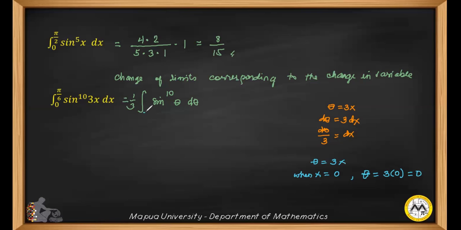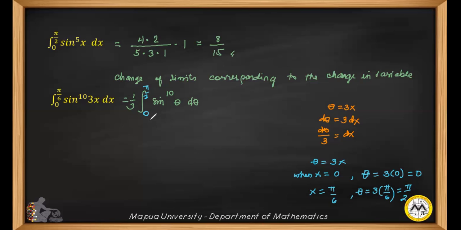So the new lower limit of integration is 0. And when x is equal to the upper limit pi over 6, then the upper limit of integration for theta is 3 times pi over 6, and note that 3 times pi over 6 is pi over 2. So the new upper limit is pi over 2.